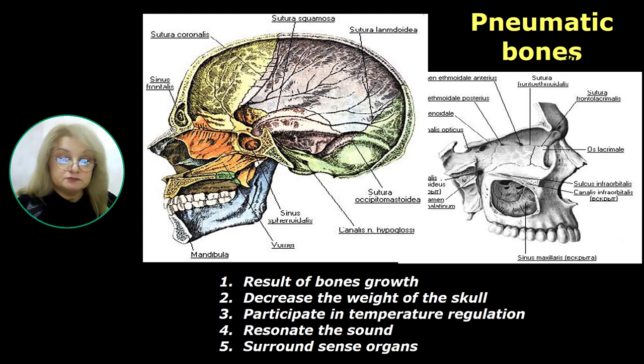The next, these empty portions called sinuses serve as places for heating or warming, humidifying and purifying of air. Number 3 function is they serve as space for tuning of our voice, which is a resonance effect.